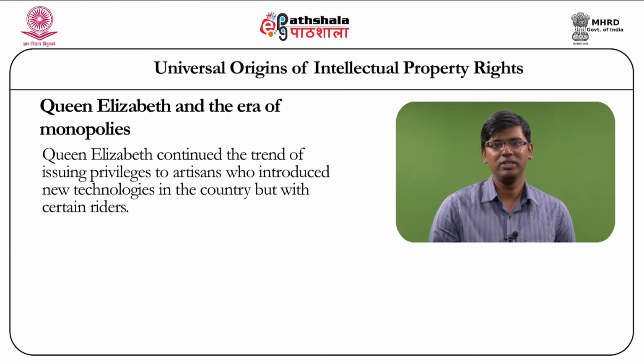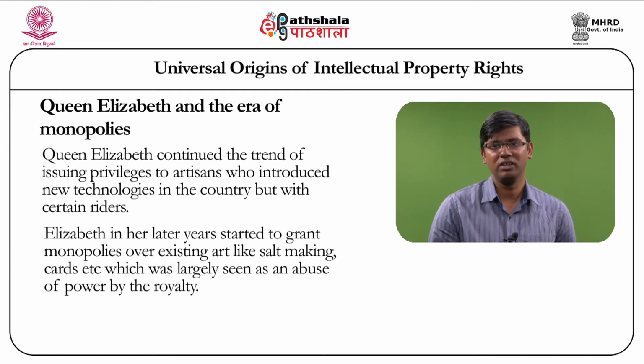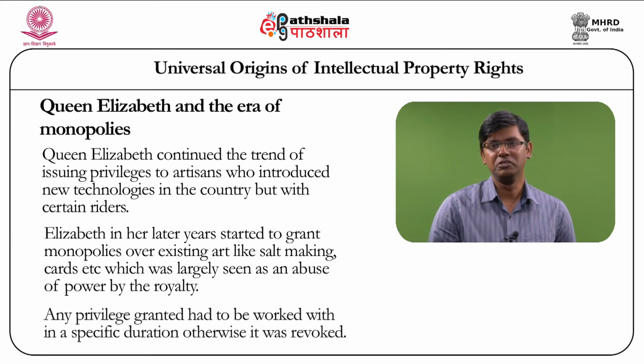Some of these monopolies would be granted over things that were already in existence. For instance, monopolies were granted for making playing cards, for making salt, etc. All these practices were already in existence. People knew how to go about it. But these monopolies or privileges were granted by Queen Elizabeth largely to keep her nobility happy.